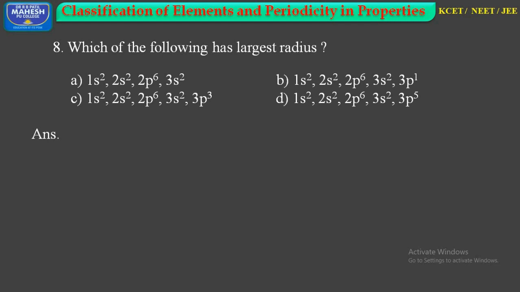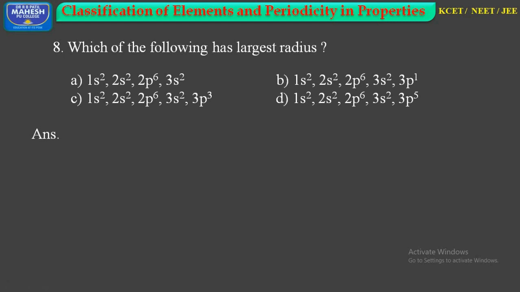In this case, as the nuclear charge increases, the atomic size decreases, because students, option A, if we see, it is having in total 10 plus 2, that is 12 electrons, whereas option B is having 13 electrons, option C is having 15 electrons, option D is having 17 electrons. So students, we are moving across the period with the given options.